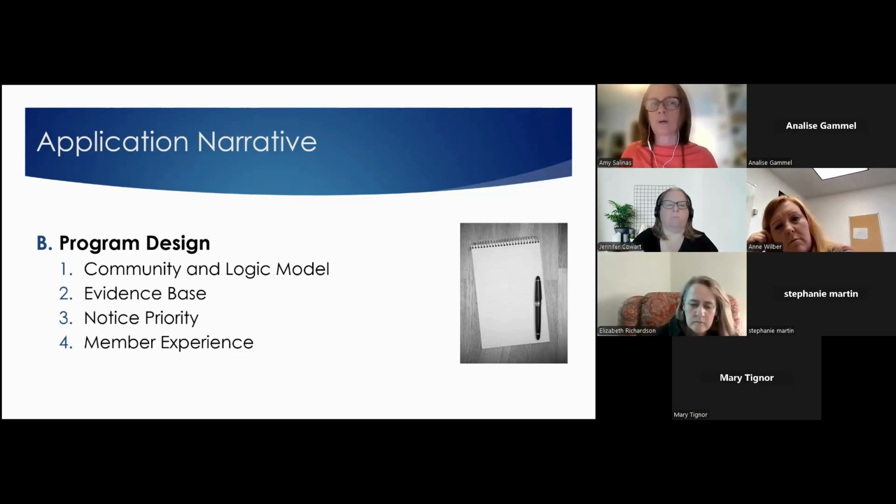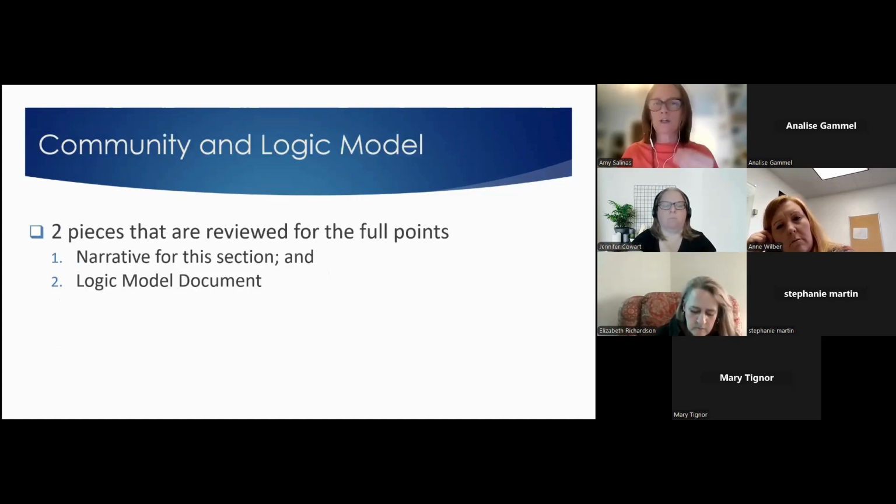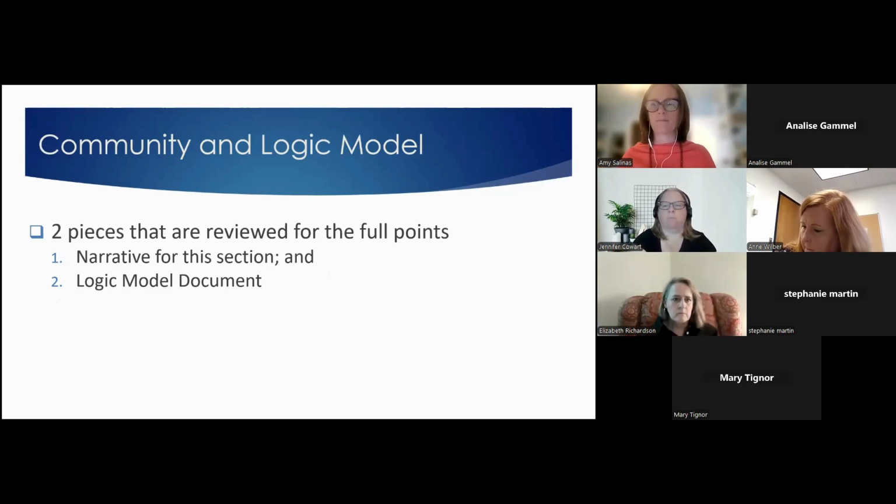But for community and logic model, it's not just the narrative you write in that section, it's also the logic model document. So they'll look at the narrative of that section and your logic model document to award the full points. Both of those are read together to award you whatever that point allocation is for that subsection.